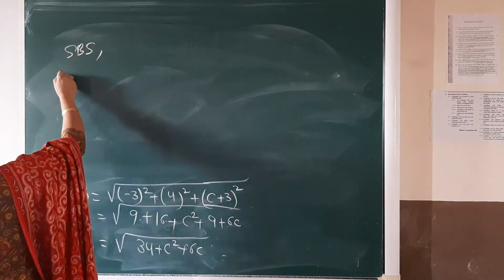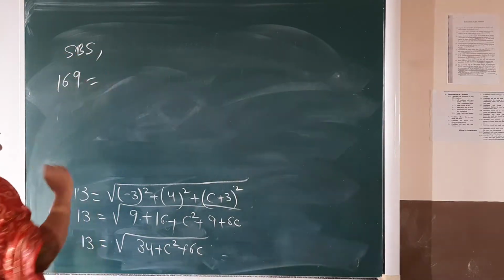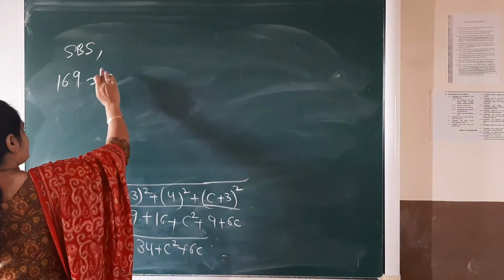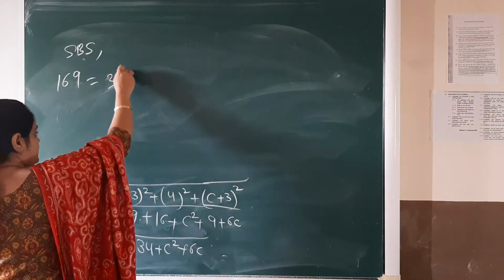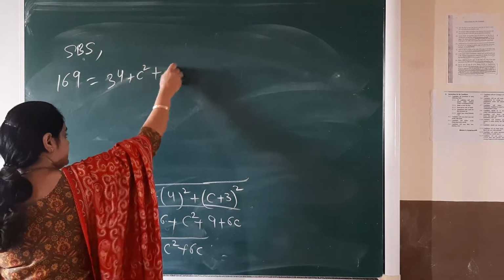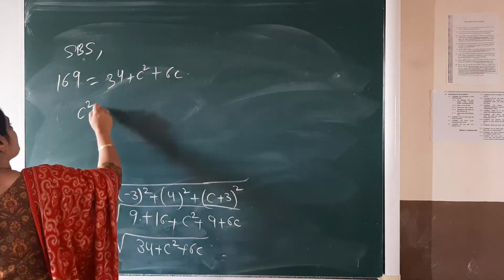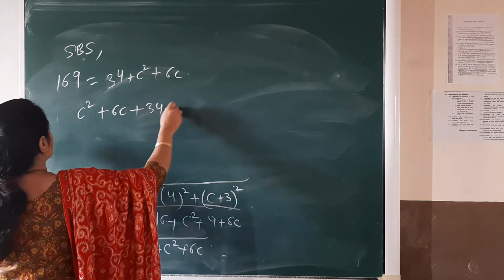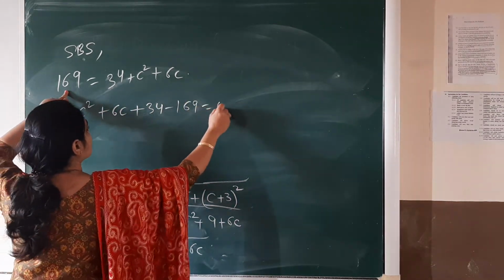After squaring both sides, we are getting 13 square is 169 and the under root is vanished because of this squaring. It is 34 plus C square plus 6C. Now the equation is C square plus 6C plus 34 minus 169 equals 0.